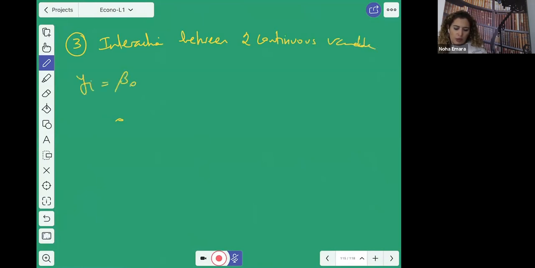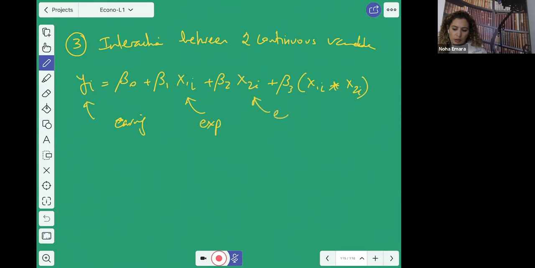So suppose I have beta naught plus beta 1 x1i plus beta 2 x2i plus beta 3 x1i multiplied times x2i, and suppose that, again, this is earning, this is experience, and this is education, okay? And now suppose that I want to find out the impact of experience on your earning.